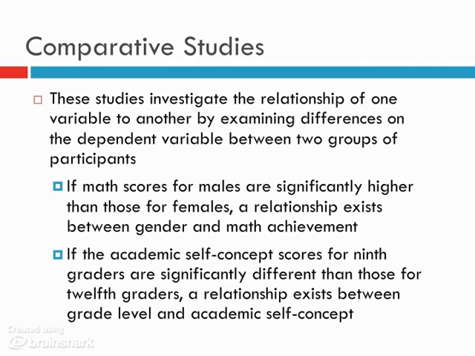Even though we're looking at the correlation between two variables, we're not saying necessarily that one causes the other. What we are saying is that there is a difference, there is a relationship between the variables, but we can't say that being female causes higher scores. Those are all important pieces to take into consideration when you're examining comparative studies.